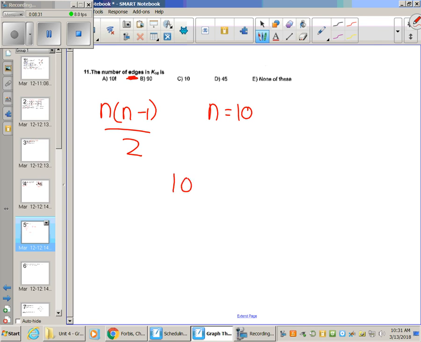So your answer is 10 times 10 minus 1 over 2, which ends up becoming 45. So your answer choice is D. Know that formula. Know the formula for the upcoming question number 12, Hamiltonian circuits, and you should be good.